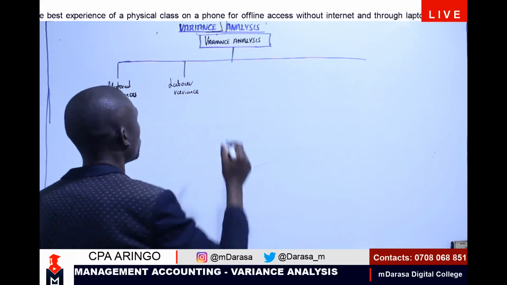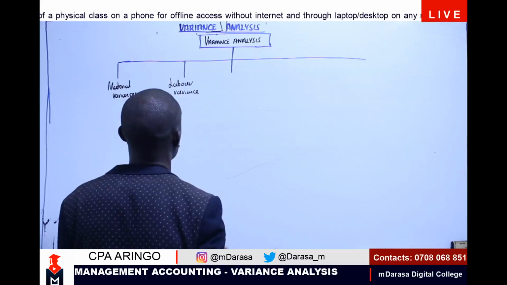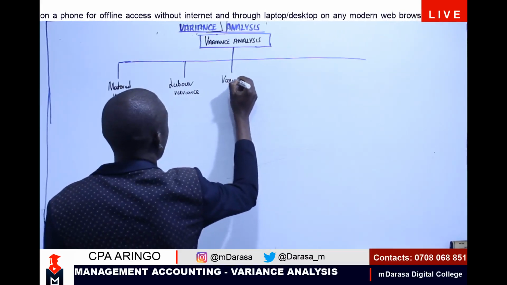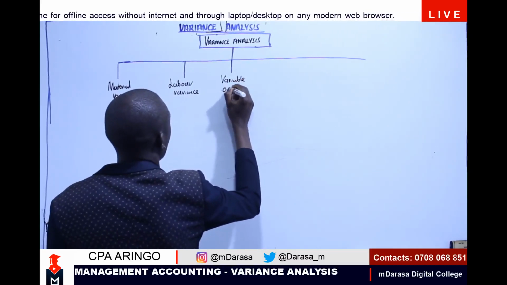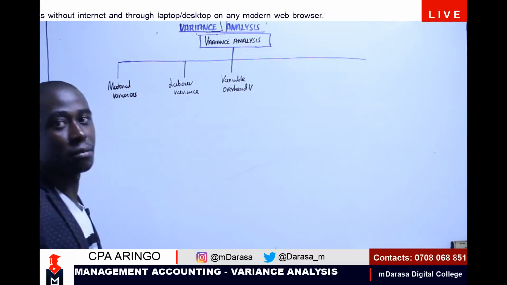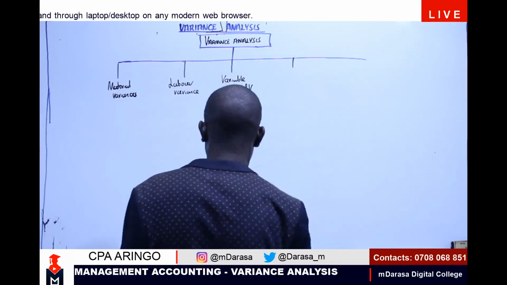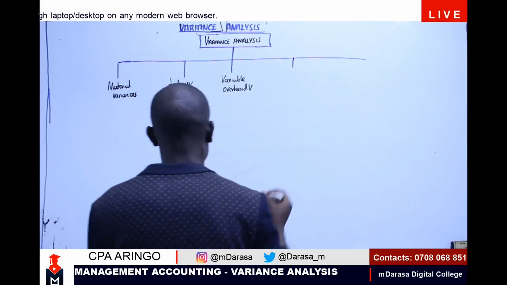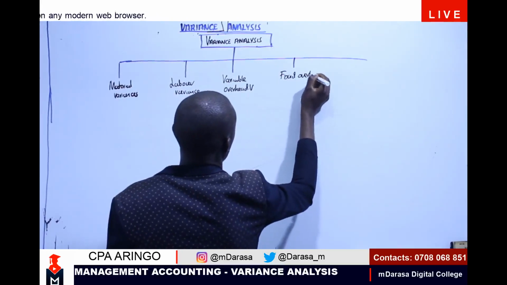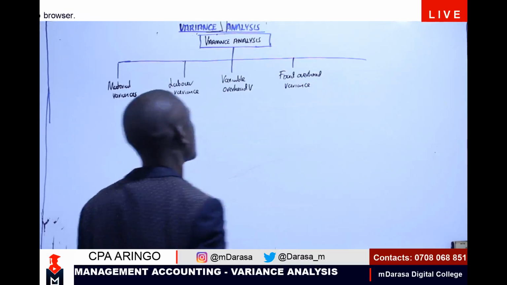Number three, variable overhead variances. Then fixed overhead variances.